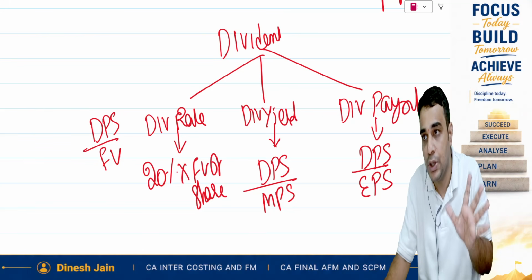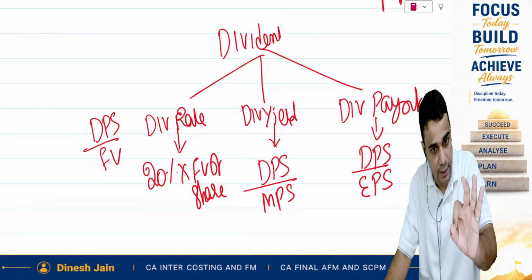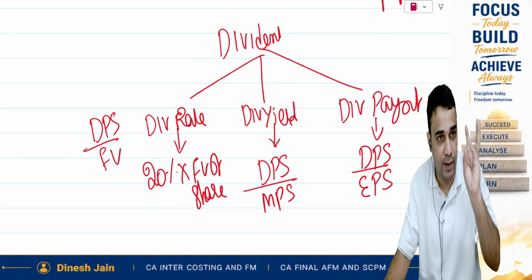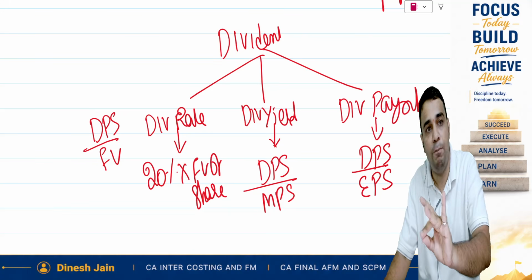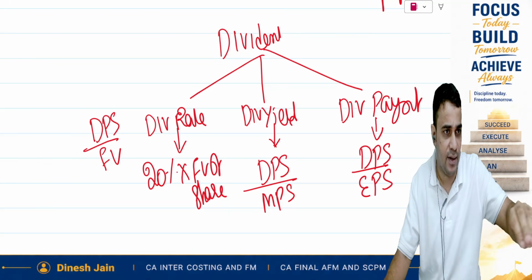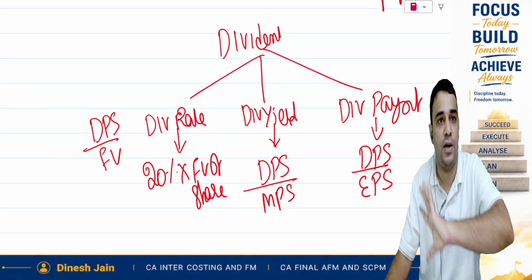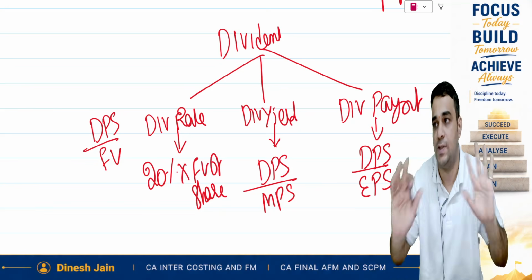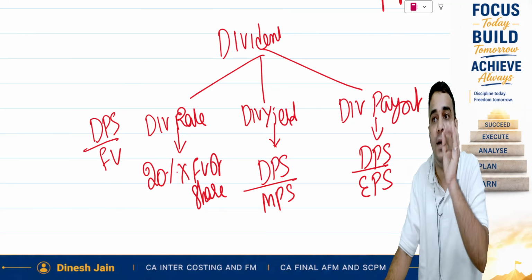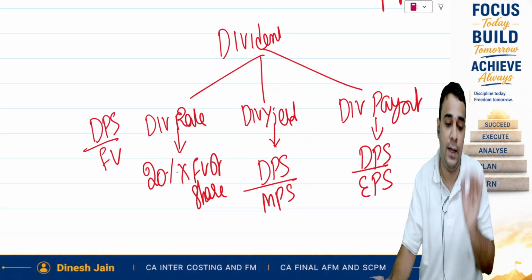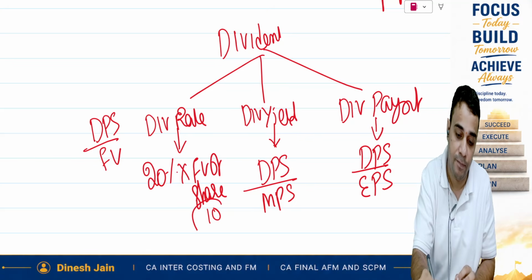When I go to shares, three names can be there: dividend rate, dividend yield, dividend payout. I don't want all this headache. Tell me dividend 7 rupees per unit, 8 rupees per unit. But if they give a percentage, they may say dividend rate 20%, multiply 20% with face value, which is 10.